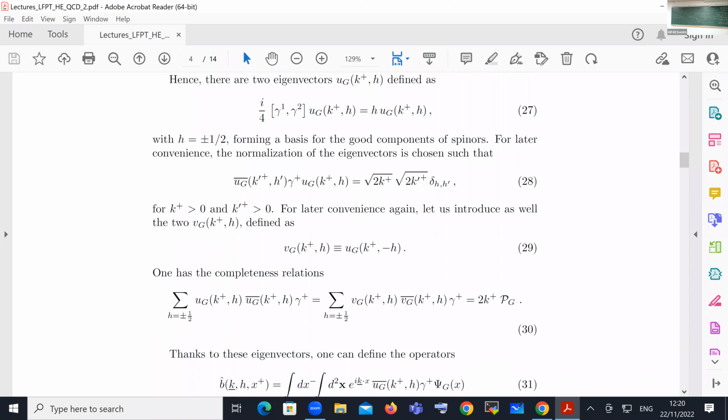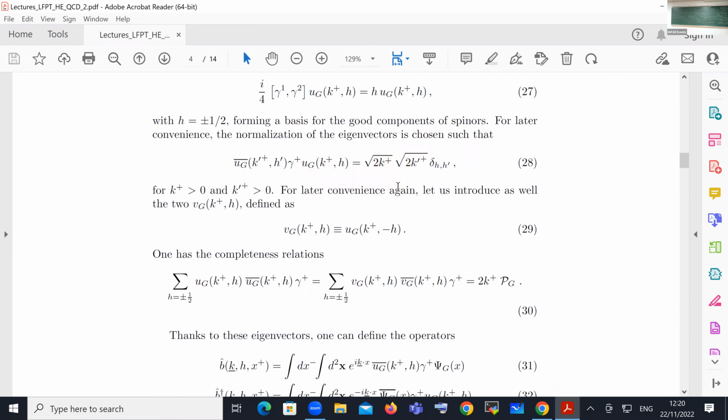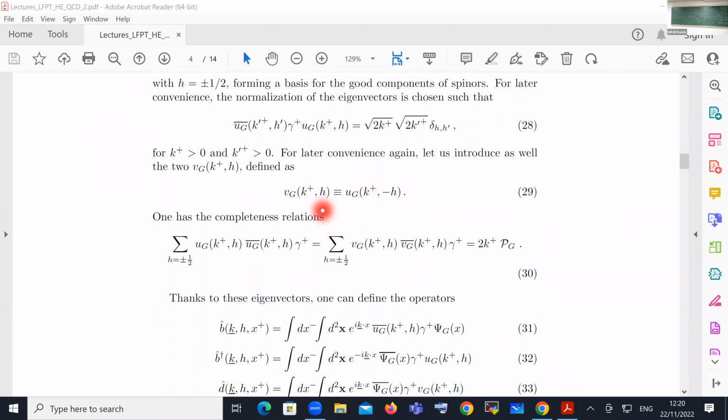Okay, I also introduce that particular normalization, which should be useful later, and just again for later convenience, this v_g instead of u_g, which would just be the one with the flipped h.